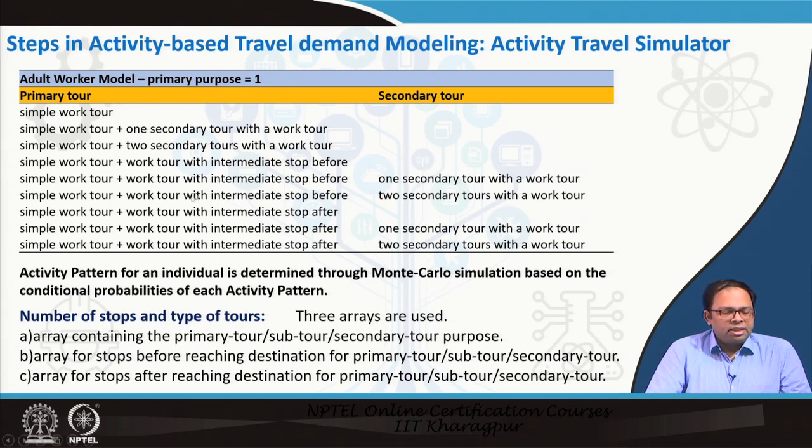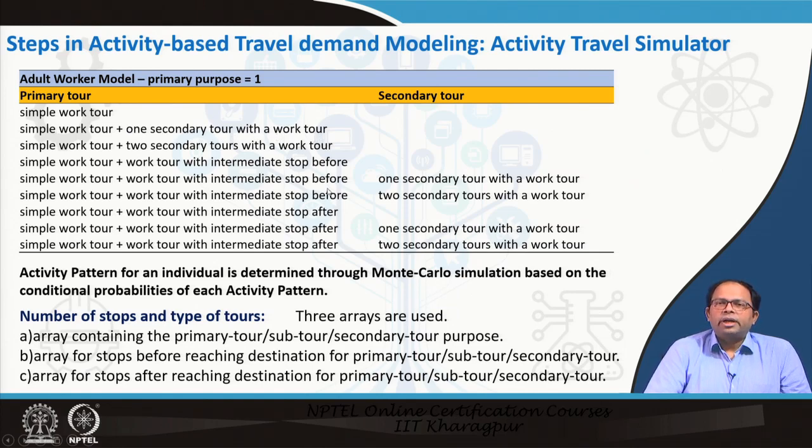You can see for the adult worker model for primary purpose 1, this is how many ways a tour pattern could be generated. He can just do a simple walk tour, or a simple walk tour plus one secondary tour with a walk tour. Now, why primary and secondary?